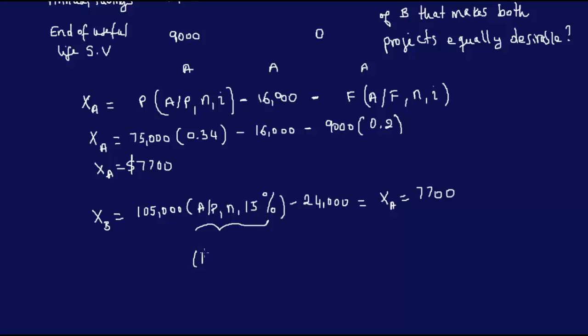So my AP at N 15% is equal to 77, plus 24, divided by 105k.